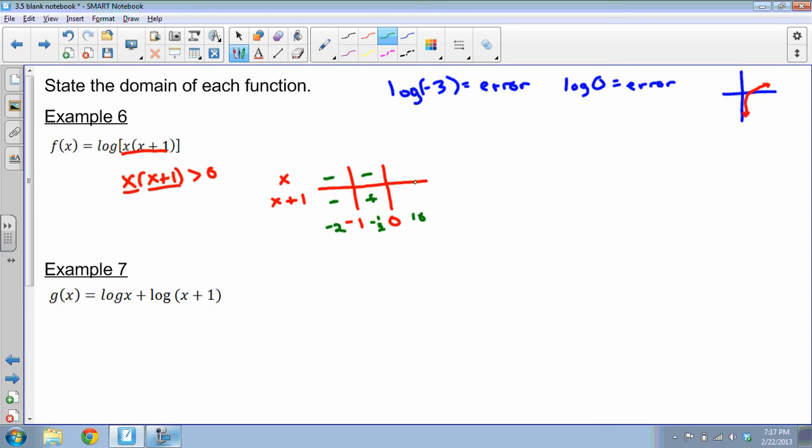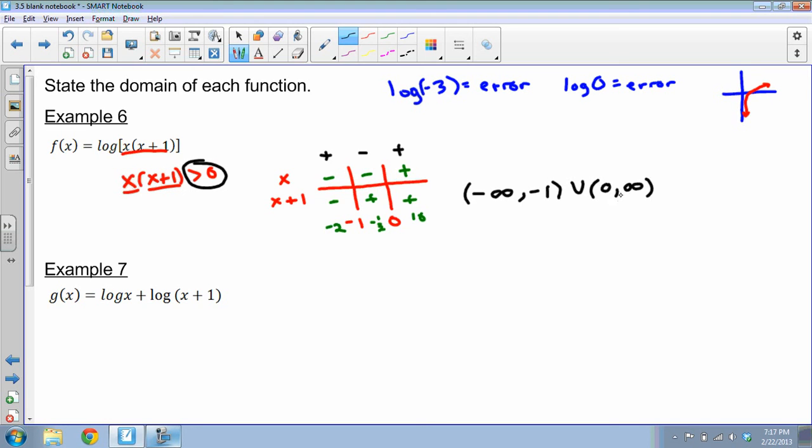Let's pick 10. That gives me a positive on top and a positive on the bottom. So two negatives means a positive value. A negative and a positive gives a negative value. Positive and positive gives a positive value. If we're looking for where we are greater than 0, we're positive from negative infinity until we get to negative 1, and then we're positive again from 0 to infinity.